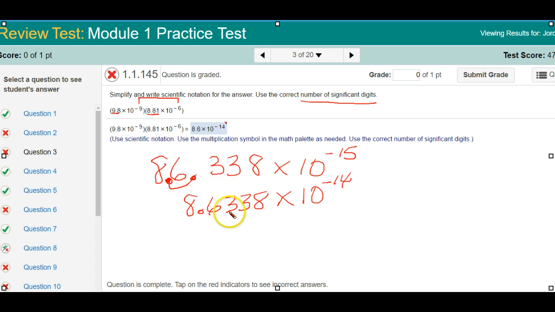Now we go then to this place and see that it is a 3. So we just drop these. If it were a 5 or higher, we would add 1 there and this would become a 7. So this then is your answer, and that's what you have there.